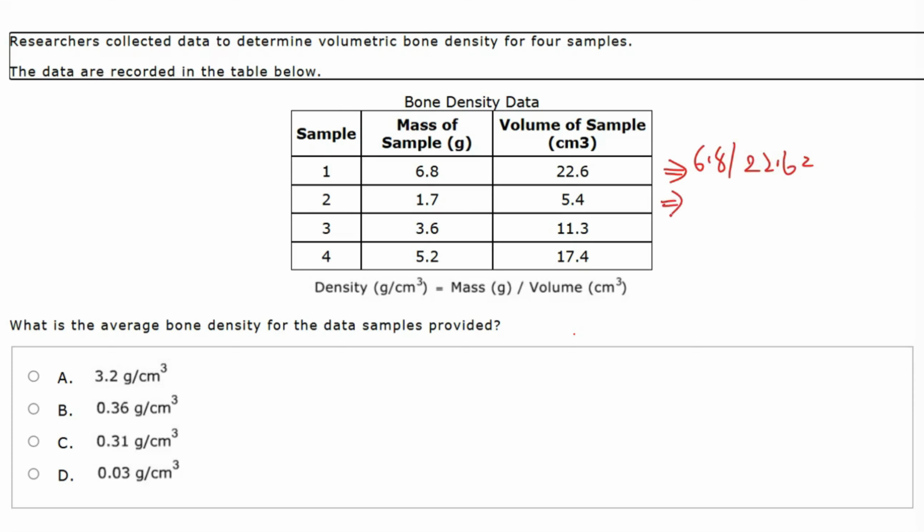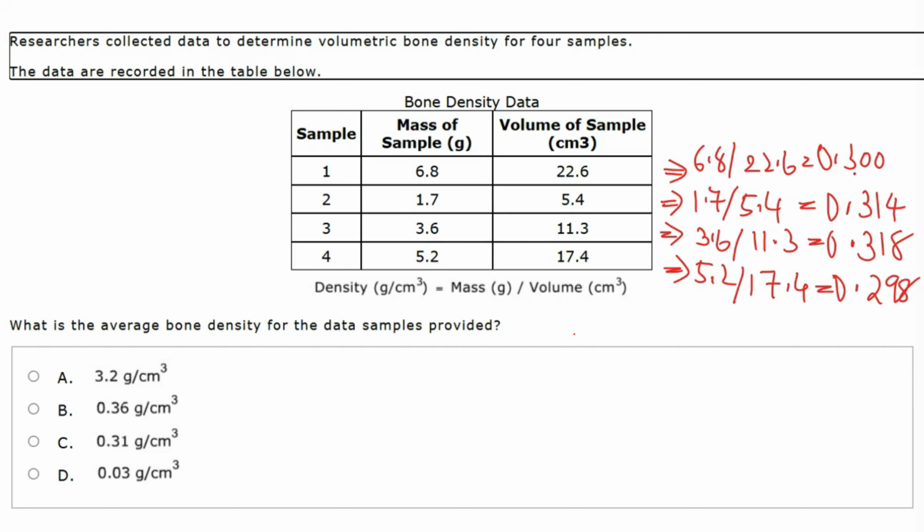The same way, the second one is going to be 1.7 divided by 5.4, 3.6 divided by 11.3, 5.2 divided by 17.4. And you get these values here: 0.300, 0.314, 0.318 and 0.298.